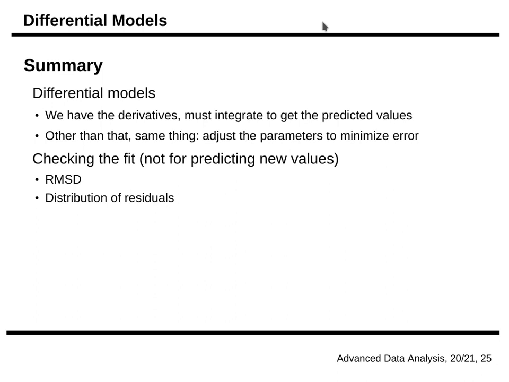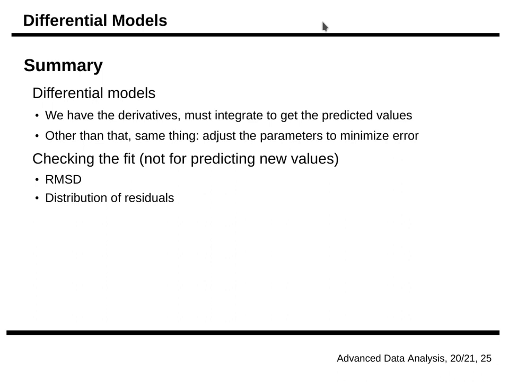But basically, it's the same recipe. We're trying to minimize an error function to adjust the parameters. We just have that extra step of integrating the differential equations in order to get the values for the predictions.